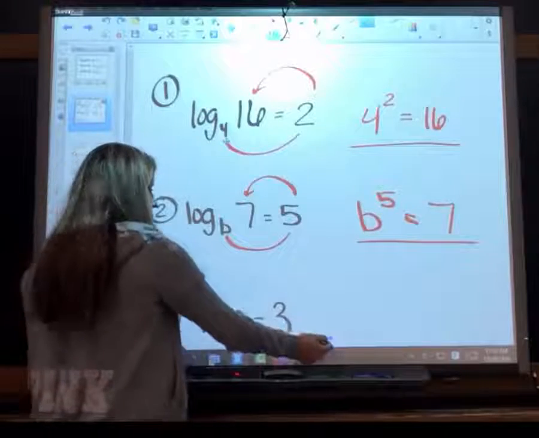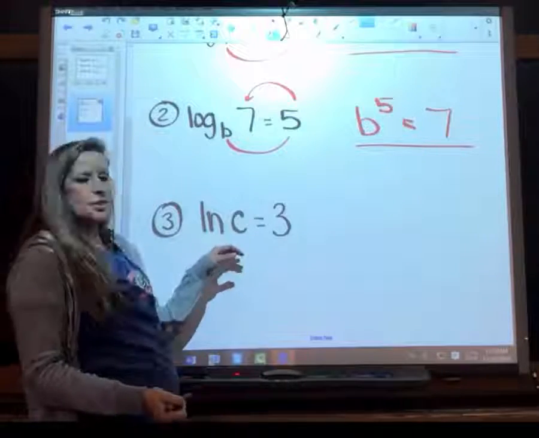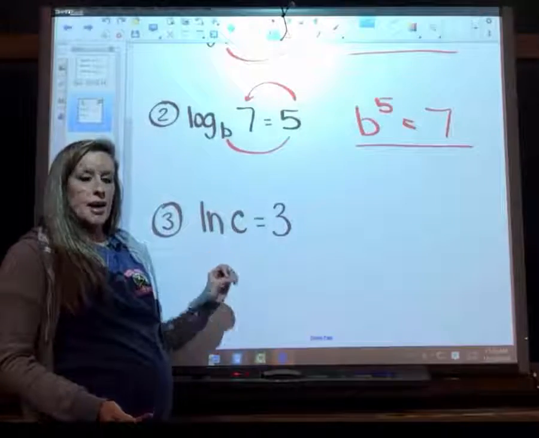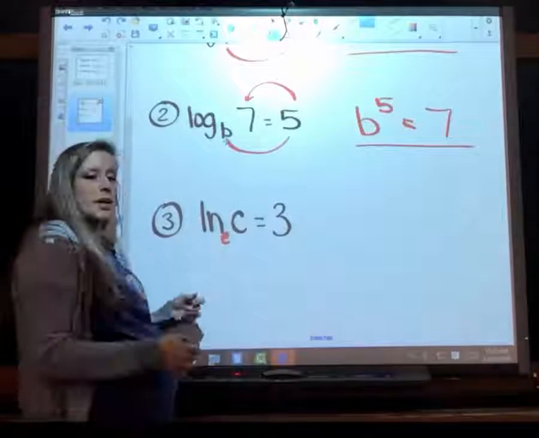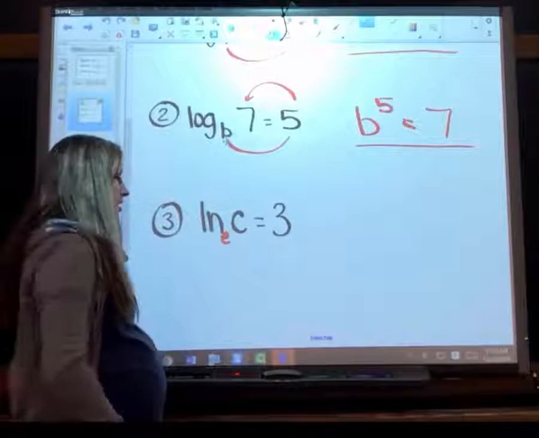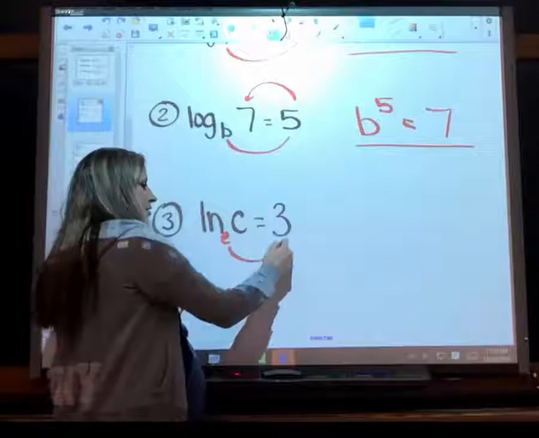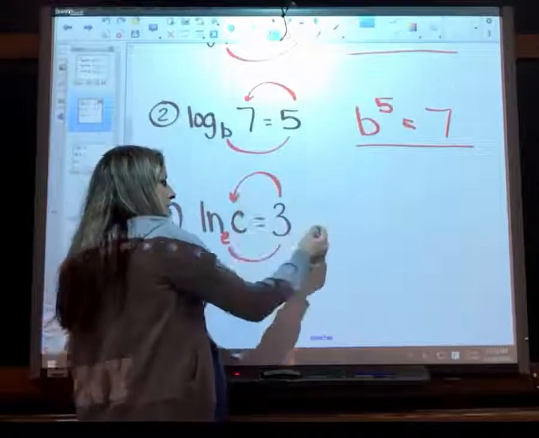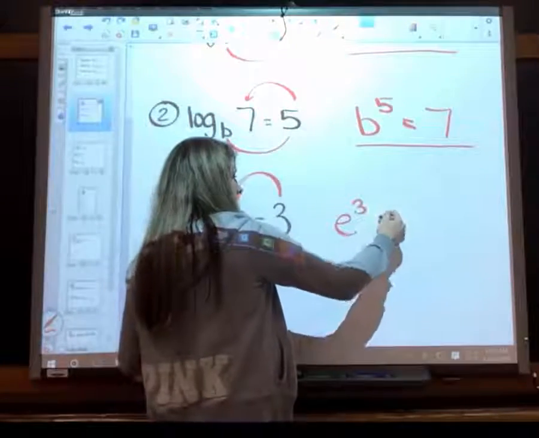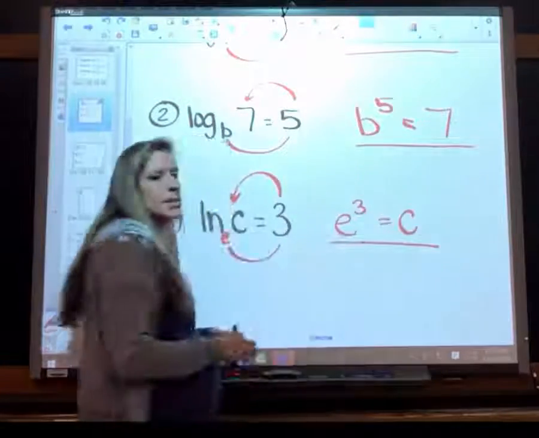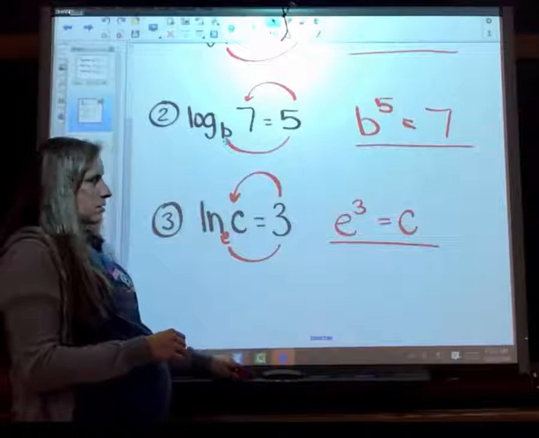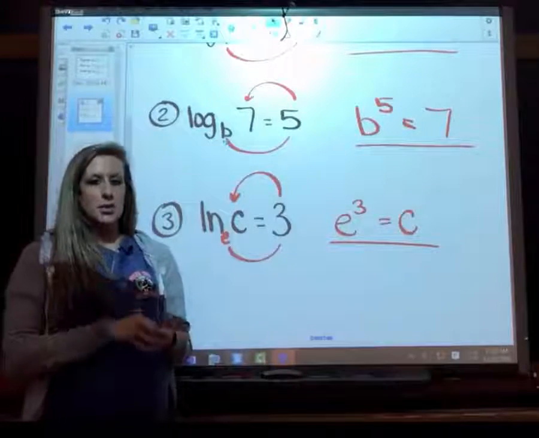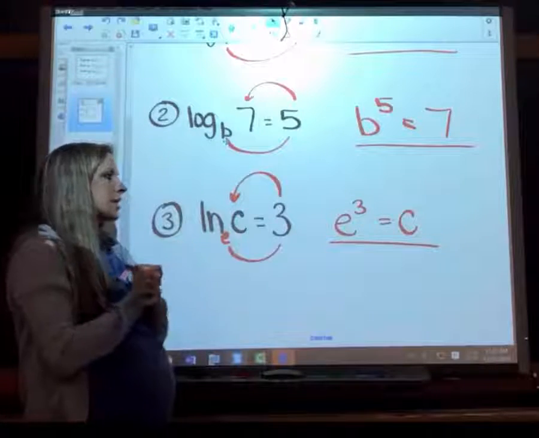Okay, very last one. On this one, like we had talked about before, if I have a natural log, what's my base? It's an understood base of e. So this one's going to be e to the 3rd power equals c. So e cubed equals c. All right, remember, always start with the base and move counterclockwise.